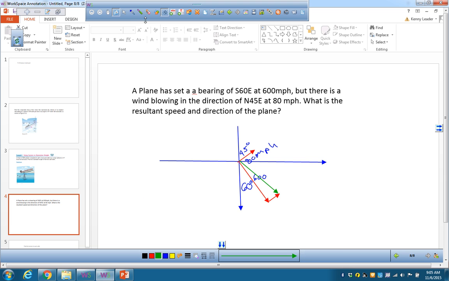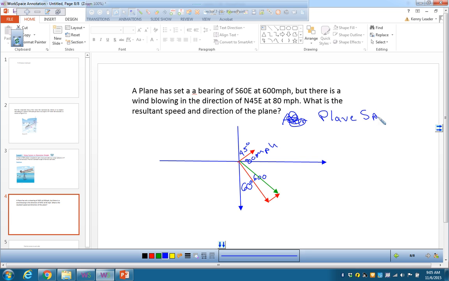So what they want you to do algebraically is to take the first, there is a wind blowing, so we'll call it the airspeed, or the plane speed.